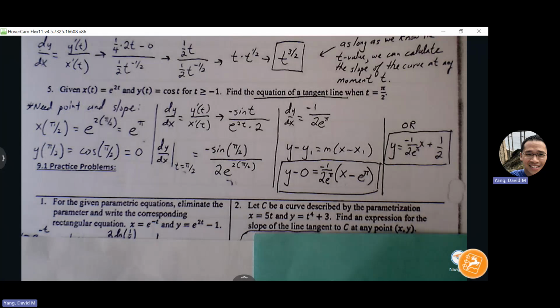X equals e to the negative t, and then y equals e to the 2t minus 1. I think that x equals e to the negative t feels a little bit easier to work with since there's not as many terms. So let's see if we can get t by itself and then plug that back into the y equation. Anybody still need to look at number 5?